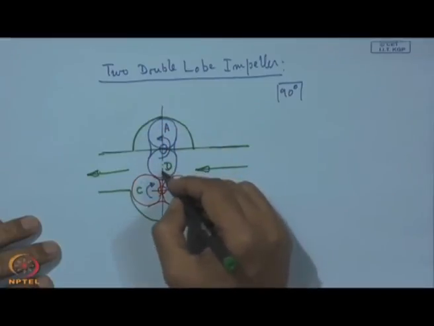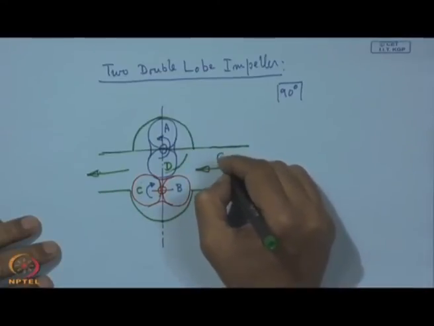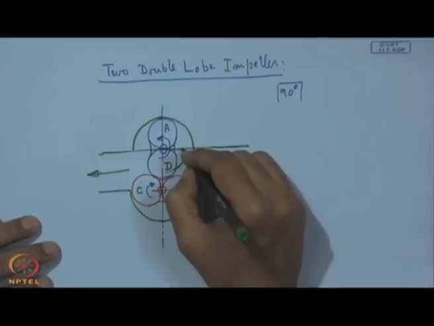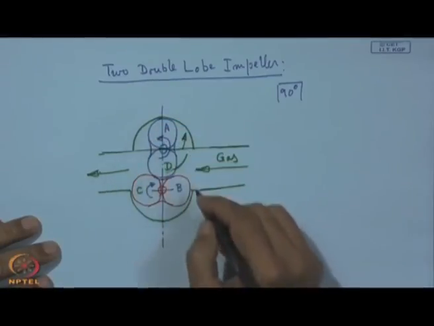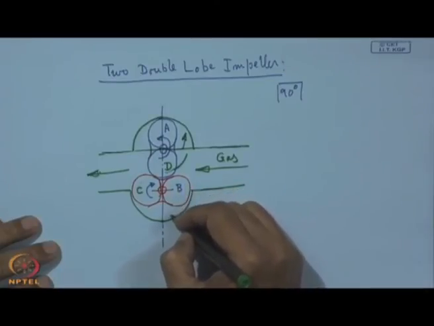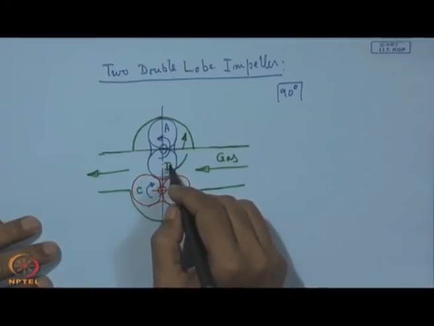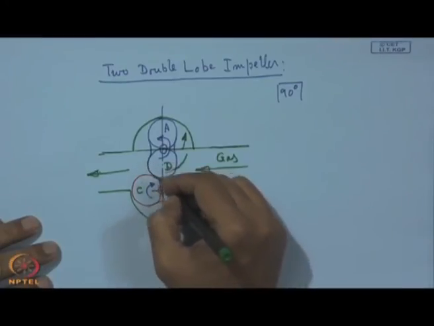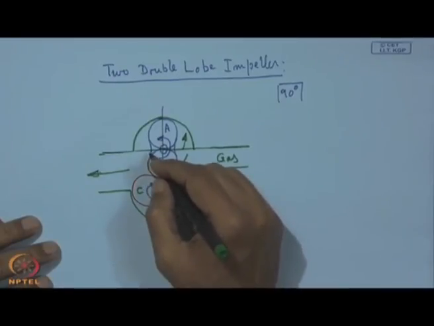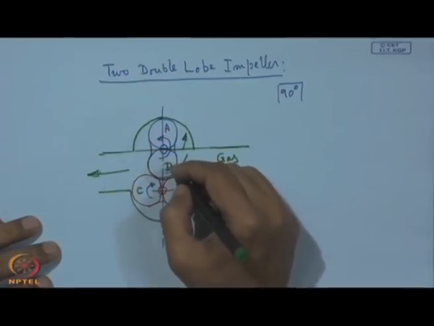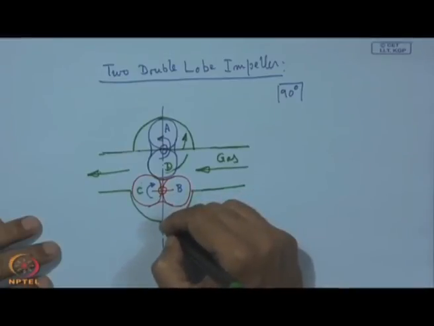Now, when D is moving on this side, the gas from this side will be pushed in this direction and dragged on this side, and B is also moving in this direction. Finally, lobe D and lobe B are going to approach each other again because of this rotation. So, when D is here, at that point B will assume this position.